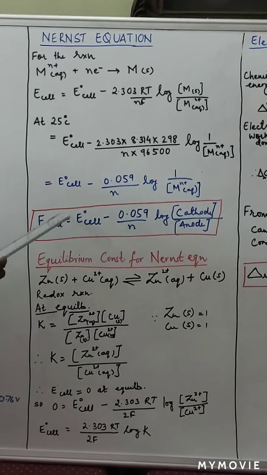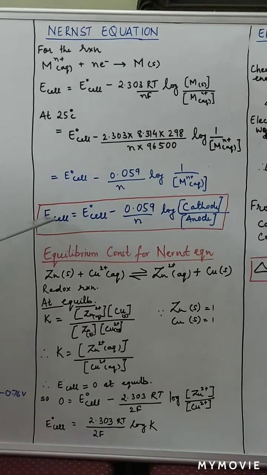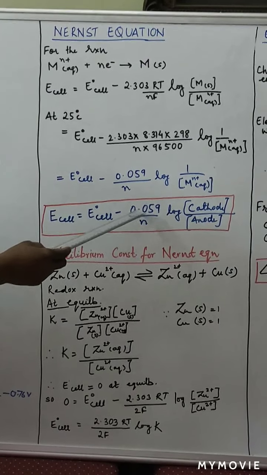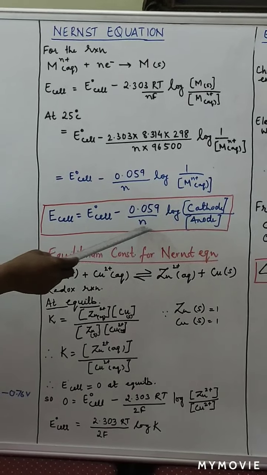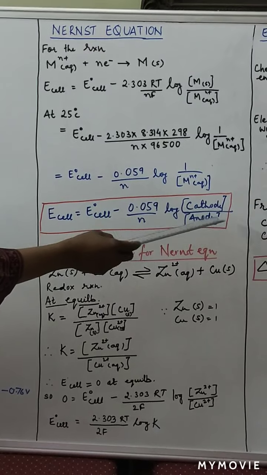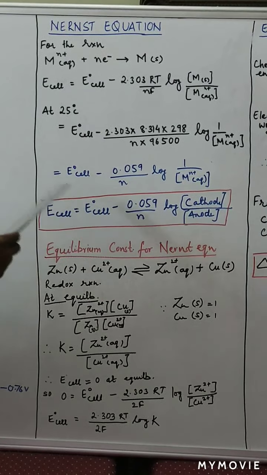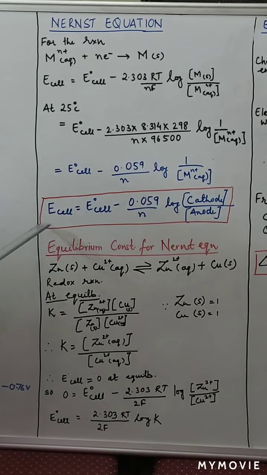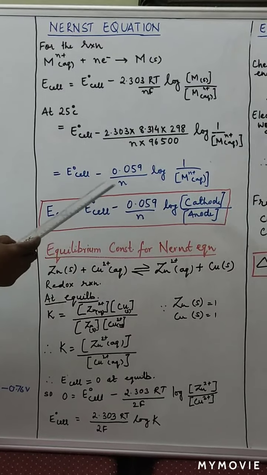And so we can have a generalized expression, and that is E cell is equal to E naught cell minus 0.059 by n log of cathode by anode. This is the generalized equation, or we can say this is the generalized Nernst equation.